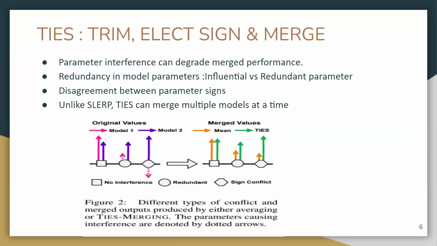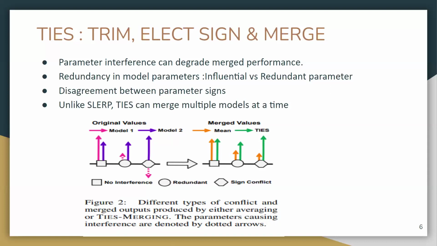In that case, these two are interfering with each other. Weights can be positive or negative. One weight could be positive, or both could be positive, or one of them could be negative. That is possible. So I think that is how they might have defined this interference thing.